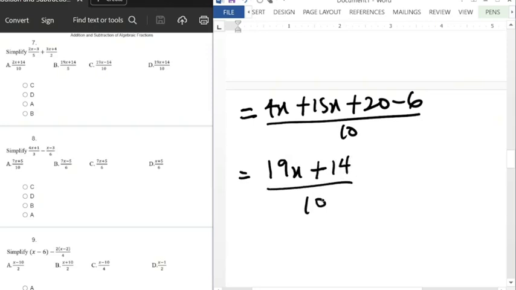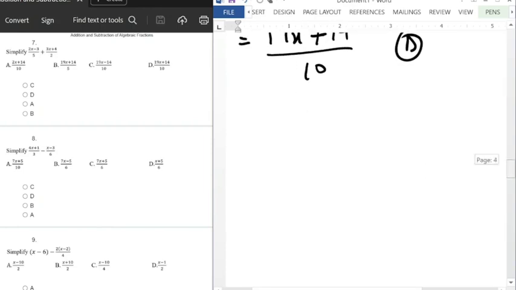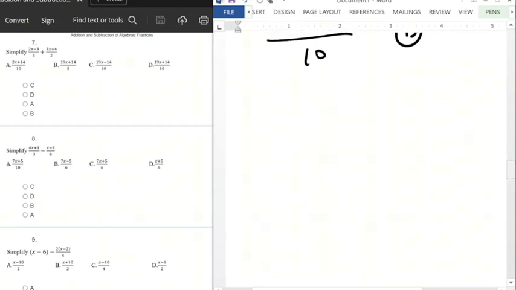Everything divided by 10. So 19x plus 14 divided by 10. That is option D, dear. I hope that is very clear. Then go to question number 8 now.